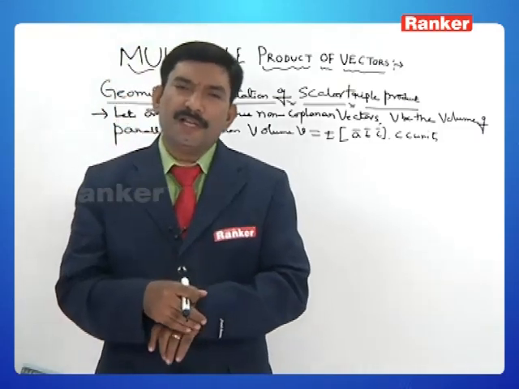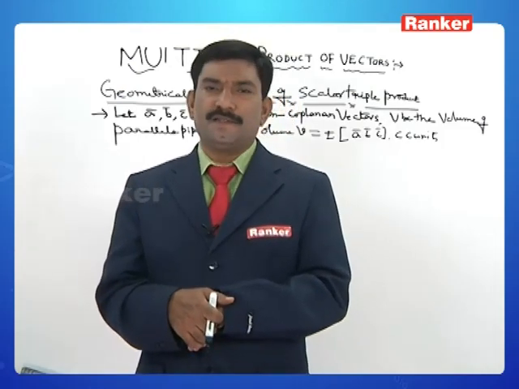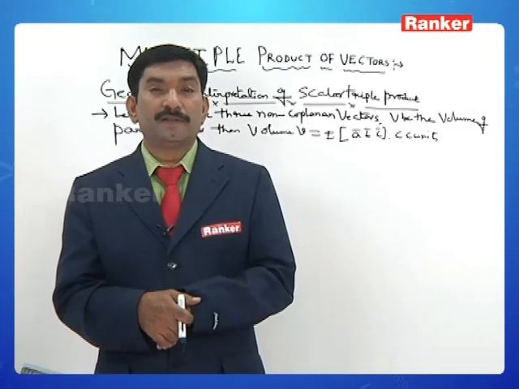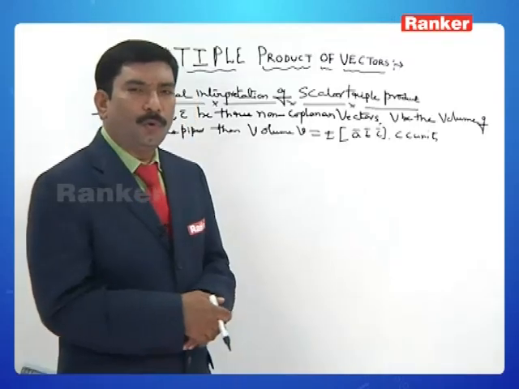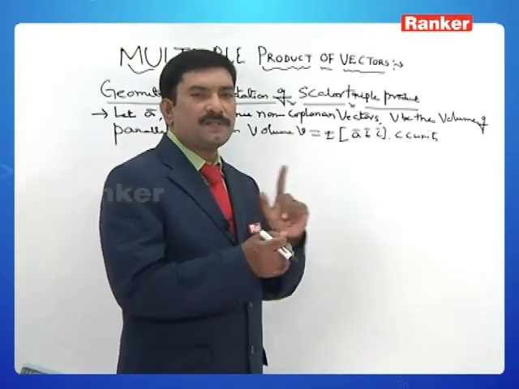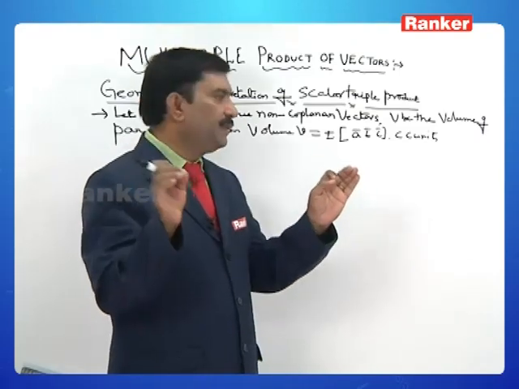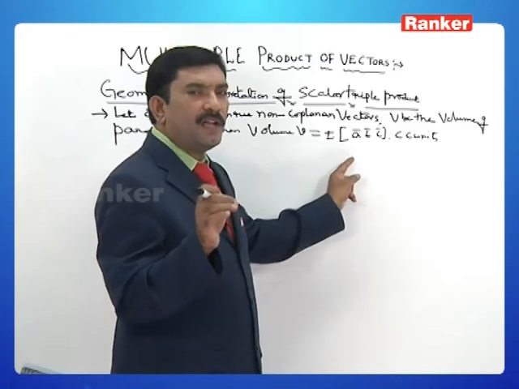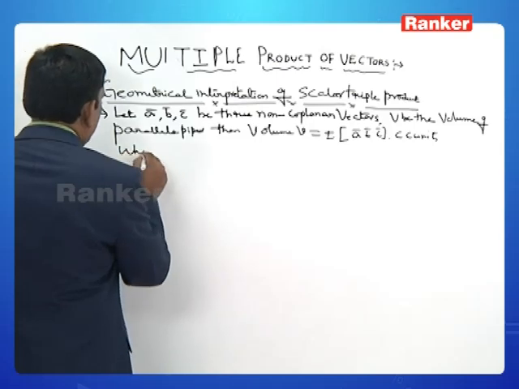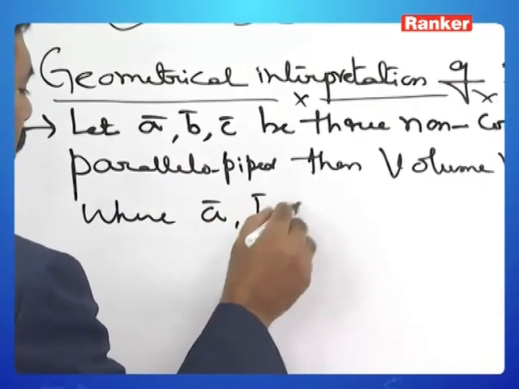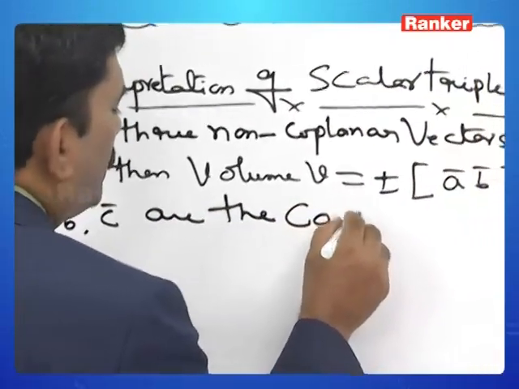When V is equal to minus of box of ABC, we define them as being in a left-handed system. So on the whole, it is plus or minus the volume of a parallelepiped with A bar, B bar, C bar as the coterminous edges.